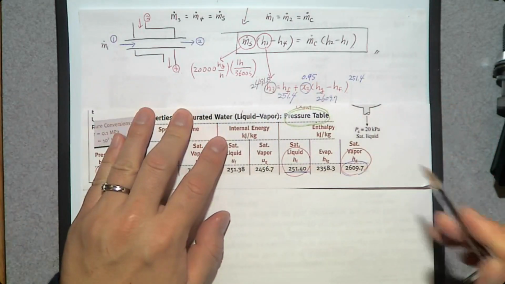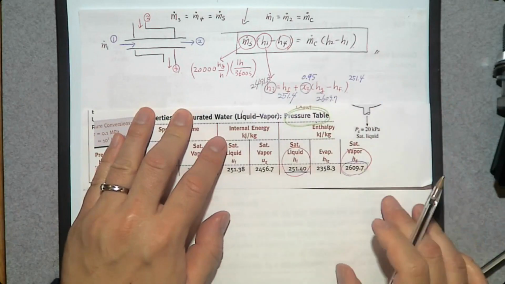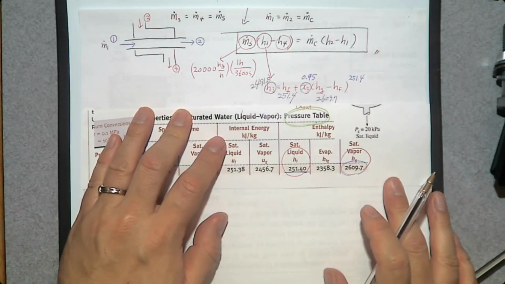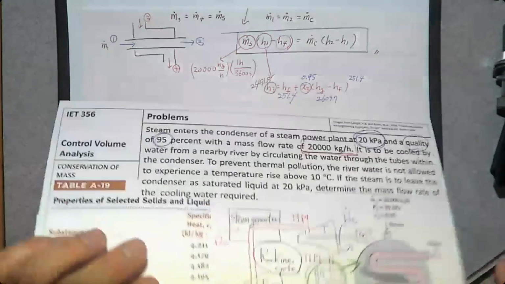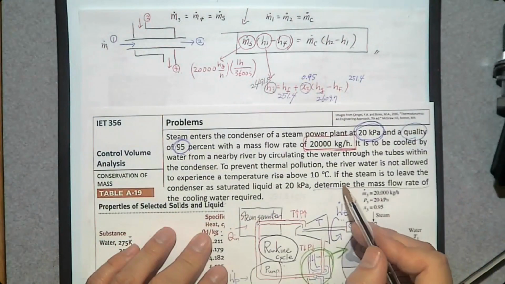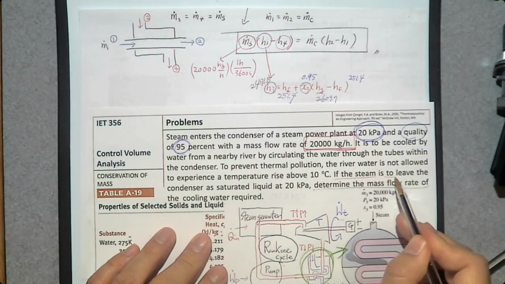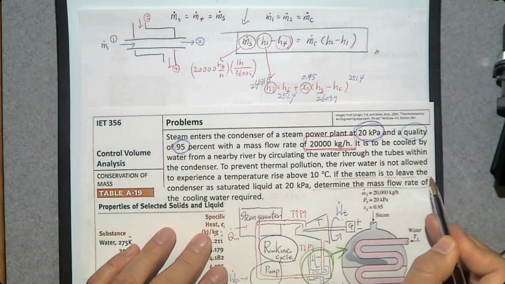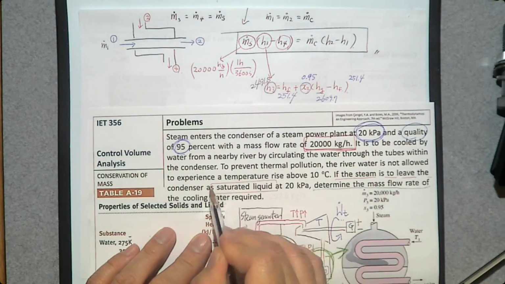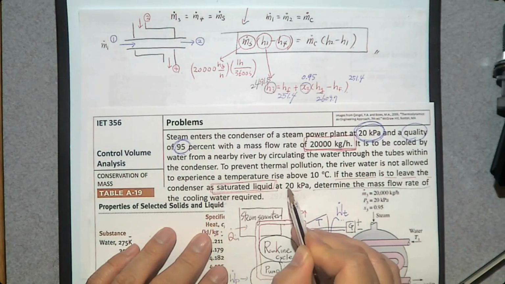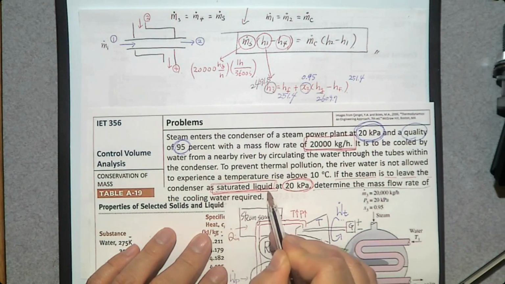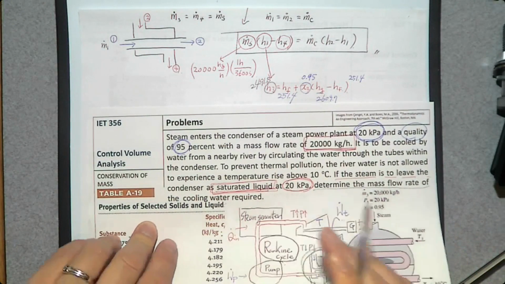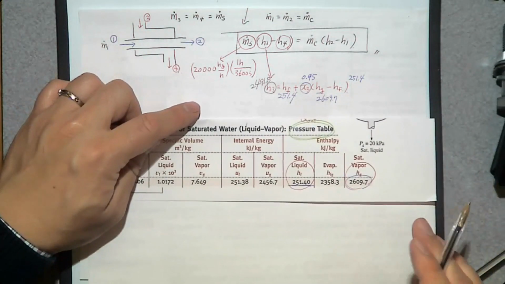Now, H4, the specific enthalpy at the exit of this steam. What is the exit condition? If the steam is to leave the condenser as saturated liquid at 20 degrees Celsius, so we already know the phase change process. If it is saturated liquid, how do we determine H?